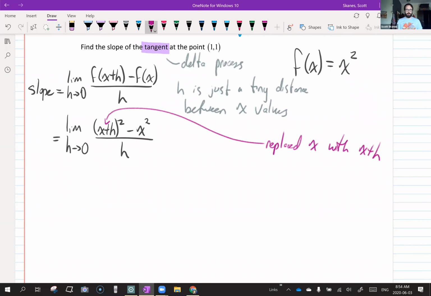Okay. I'm not going to go any further yet because the rest is what we've done before. Do you know why I have that x plus h in there?